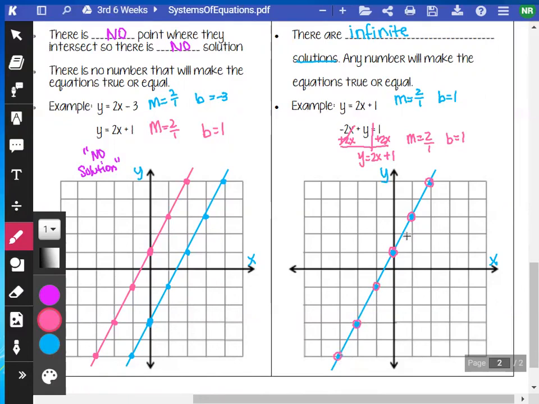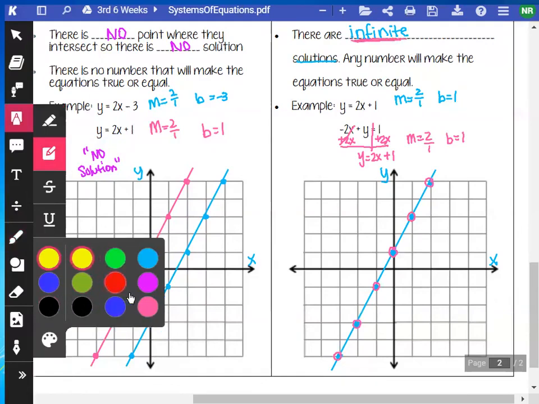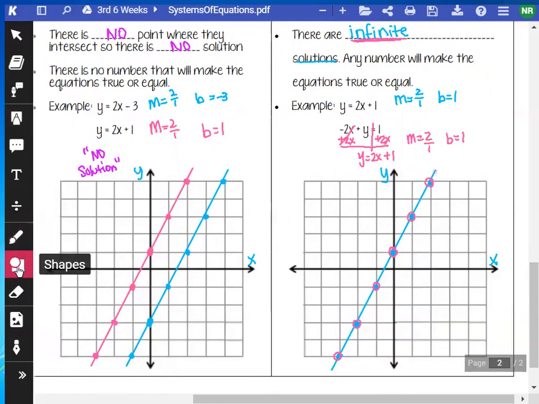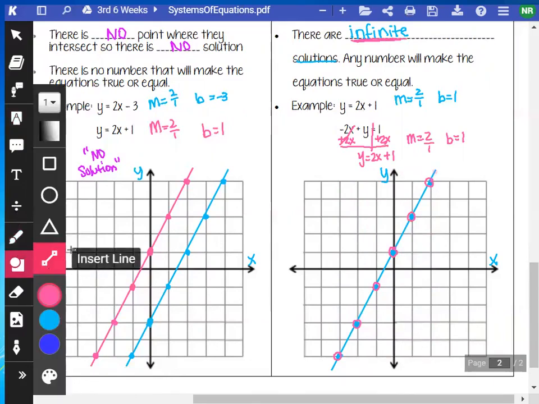That means if this graph were bigger, we would be overlapping an infinite number of times, meaning it's the same line, one on top of the other. Ooh, I thought it would highlight the line. So we have infinite solutions. One line on top of the other, infinite solutions.